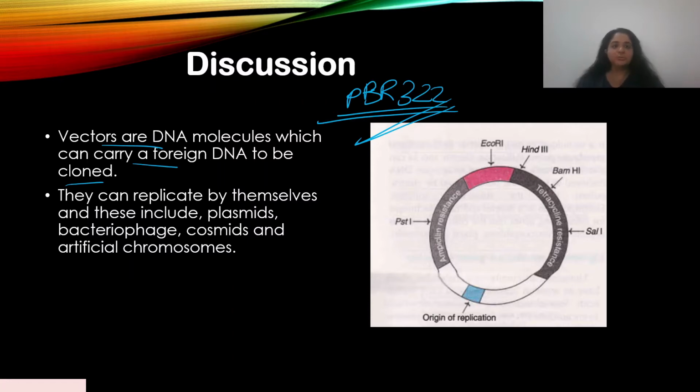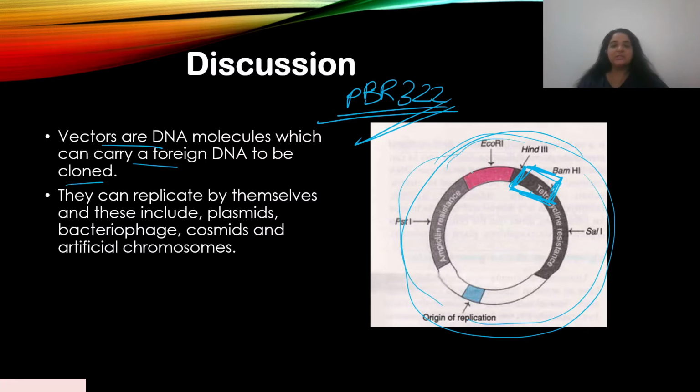Similarly, this is a DNA molecule into which the foreign DNA is inserted, and this can then be put into a host cell, which then produces the protein that we want. This plasmid that you see here is called the vector. They can replicate by themselves, and there are different types of vectors available: plasmids, bacteriophage, cosmids, and artificial chromosomes also.